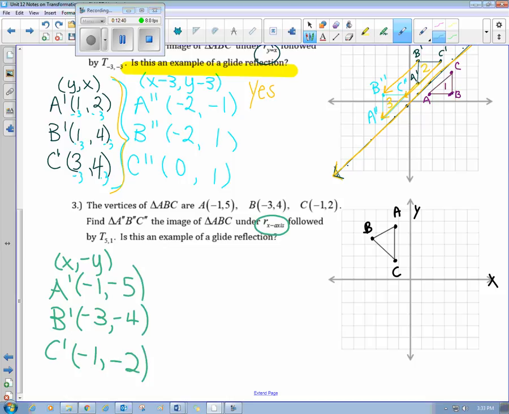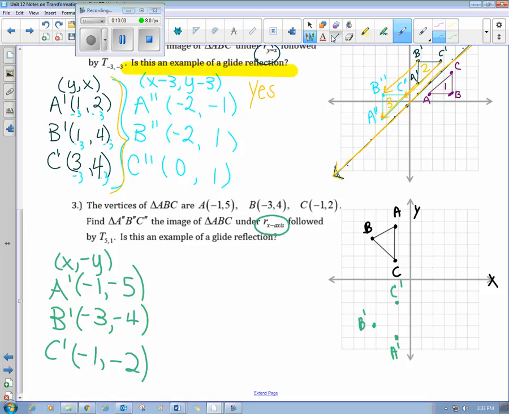Plot those points, negative 1, negative 5, negative 3, negative 4, and negative 1, negative 2. So I have A prime, B prime, C prime.